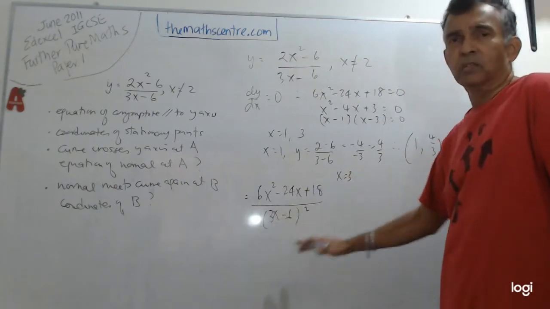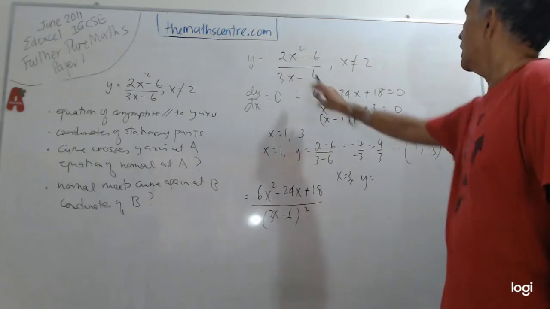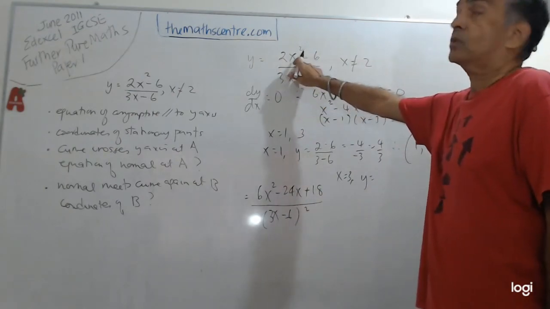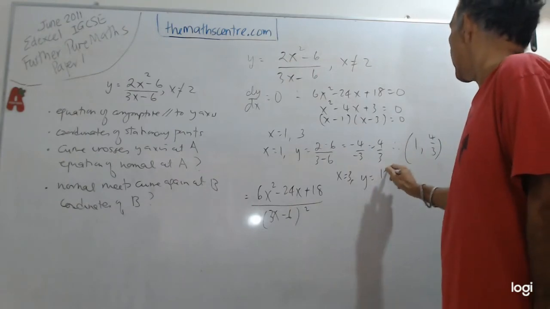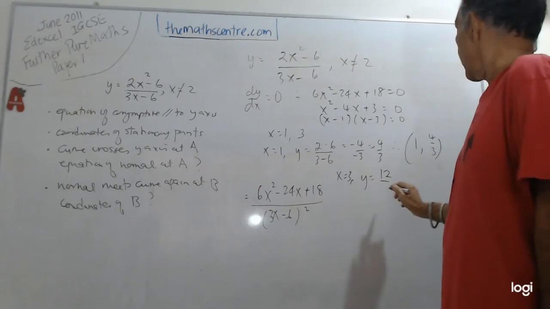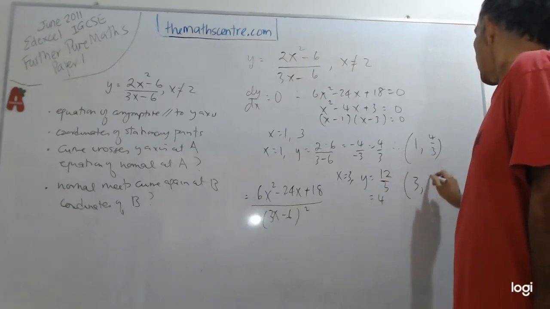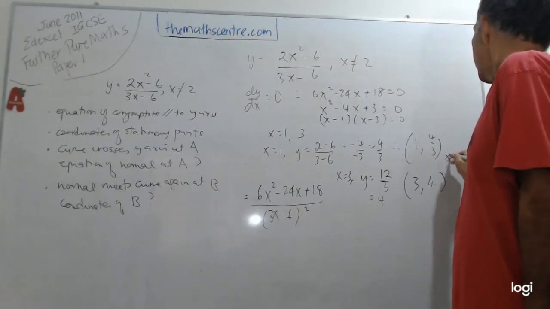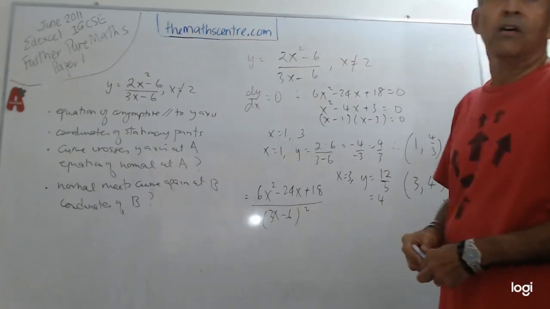I don't want to erase this because I want to keep it here. So when x equals 3, y equals 2 times 3 squared, which is 18, minus 6 is 12, and then 3 times 3 is 9, minus 6 is 3. So that will be 4. So the other point will be (3, 4). So the coordinates of the stationary points are (1, 4/3) and (3, 4).